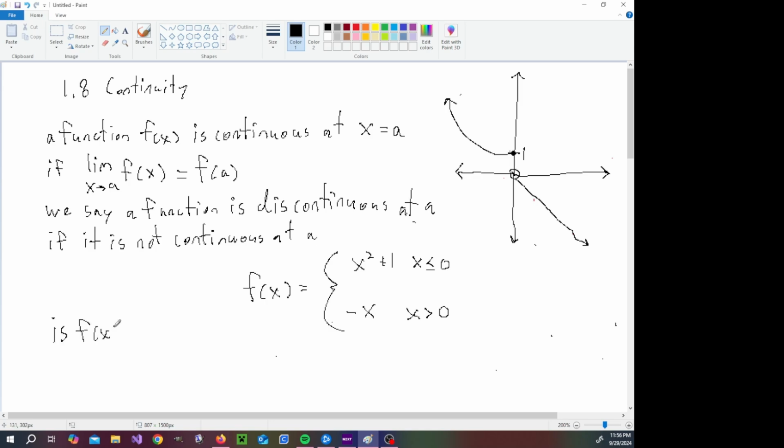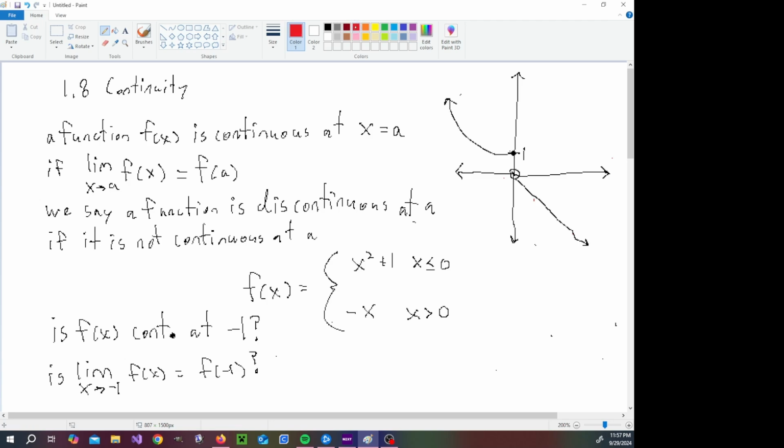So is f continuous? It's often abbreviated CONT. Is f continuous at negative 1? This is just asking, is the limit as x goes to negative 1 of f of x equal to f of negative 1?